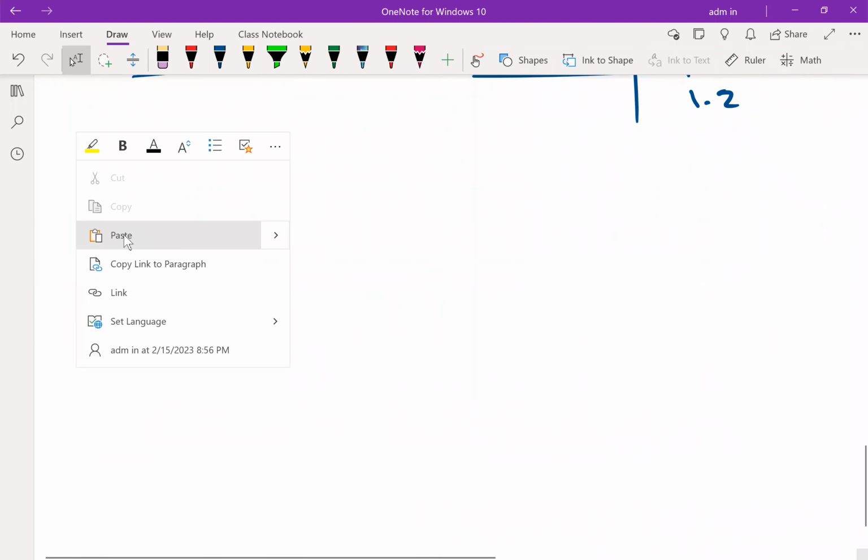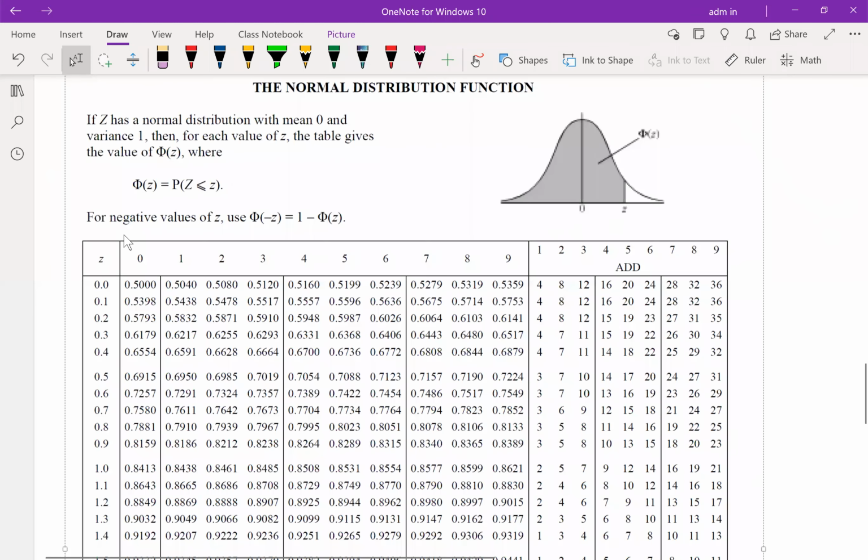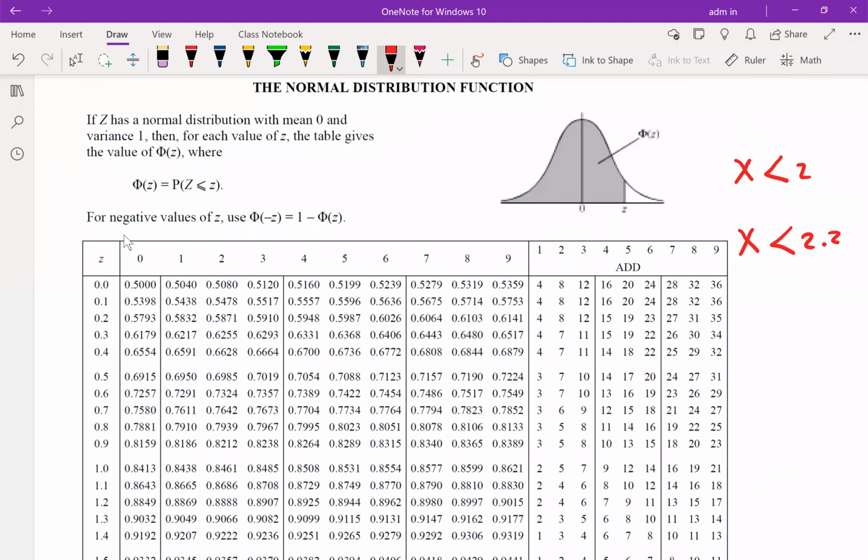Again: X less than 2, X less than 2.3, X less than 2.34, X less than 2.345.